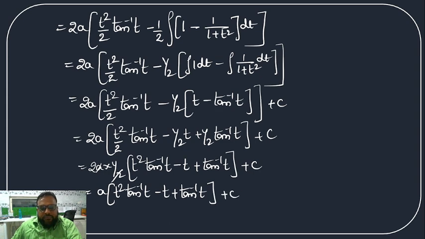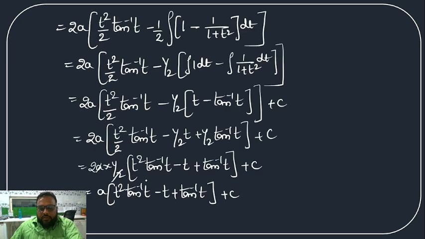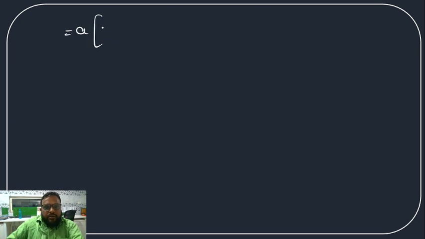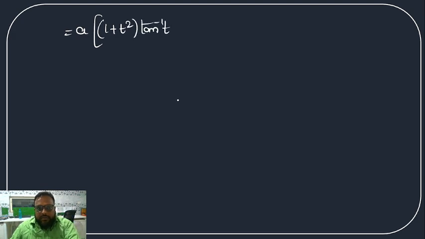Here I can take out tan inverse t common. So I will get a into 1 plus t square tan inverse t minus t plus c.